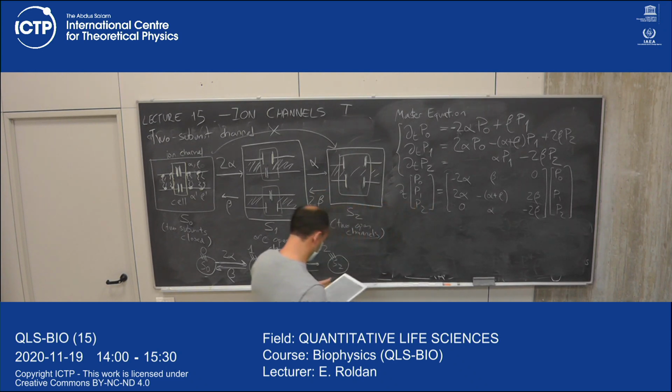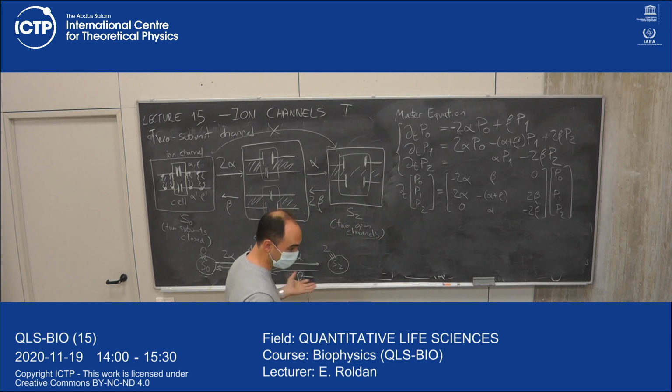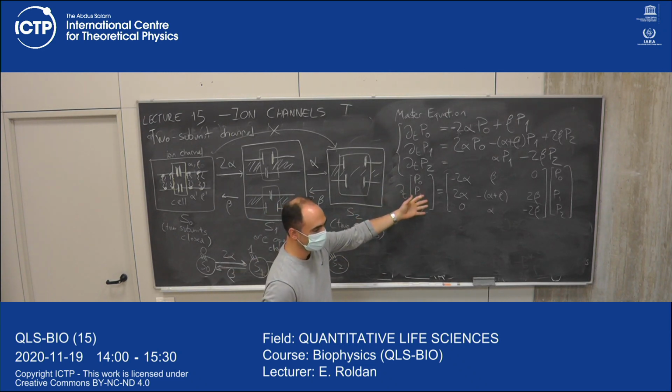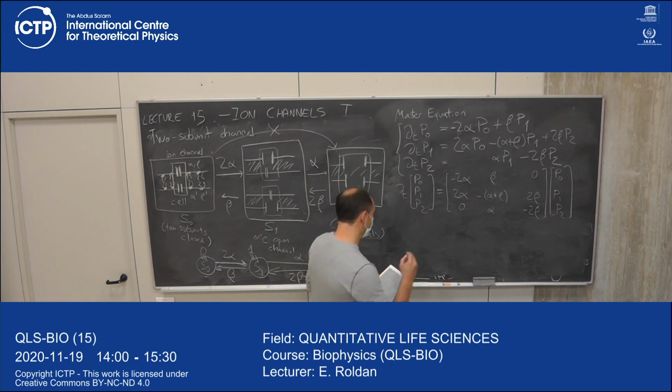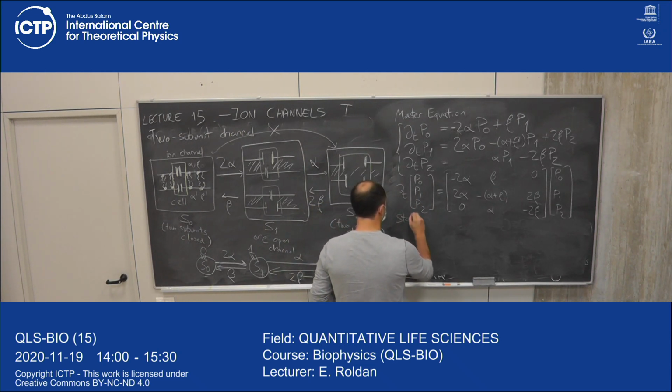So, I will first go to the simple things, and then to the more complicated. The most complicated will be to solve this at finite time. But I think you can diagonalize this matrix and get the eigenvalues. So it's not that bad. But just to say one thing, we can get a stationary state.